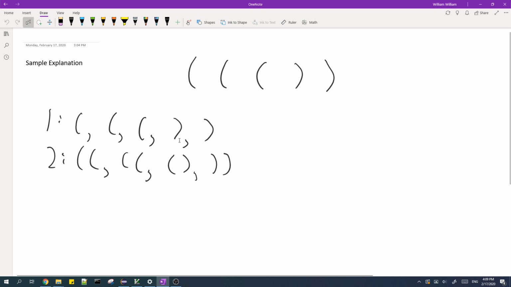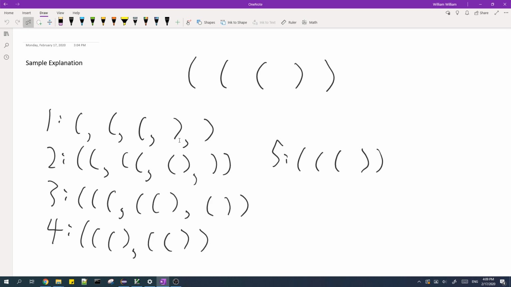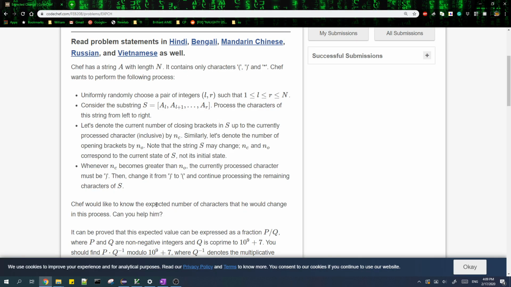You have these for length 2, these for length 3, and these for length 4 and 5. Then all you want to do is find the answer for each of these 15 substrings, and calculate the average of them. That average will be the expected value.